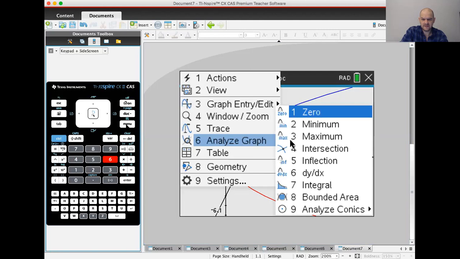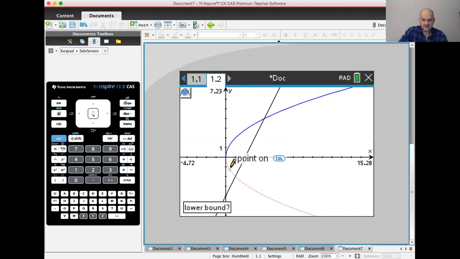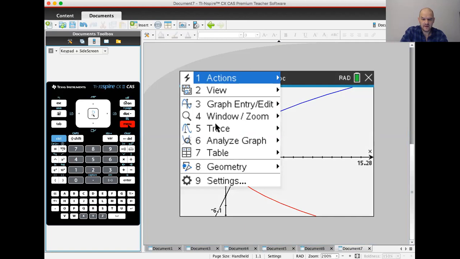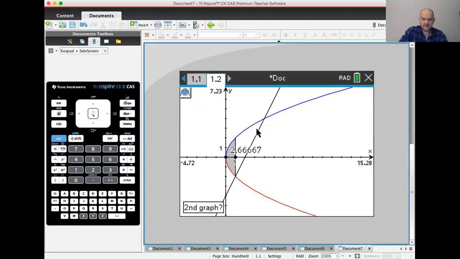So I'm going to do the bounded area. Graph this, and then my lower bound, you can just type them. So I'm going to say 0 and then 1. Okay, and now I have to do it again. Then I have to add those values. So menu 6, 8, this graph and this graph.